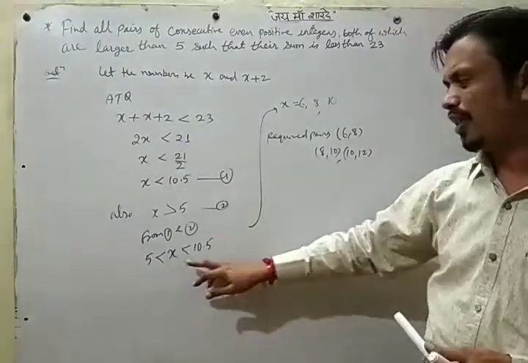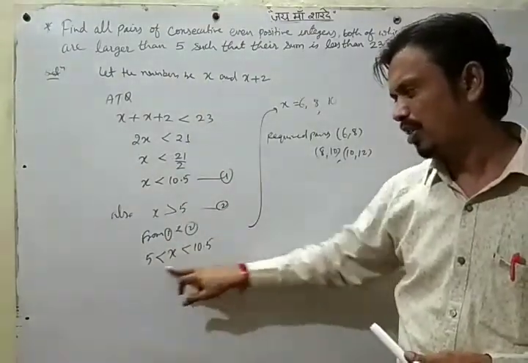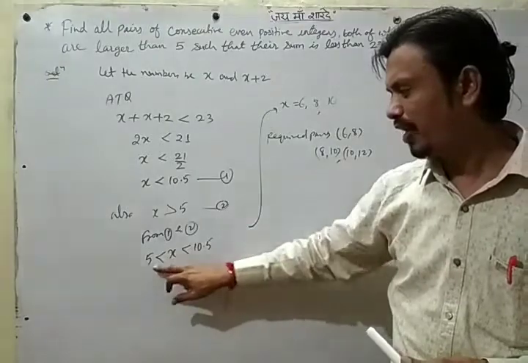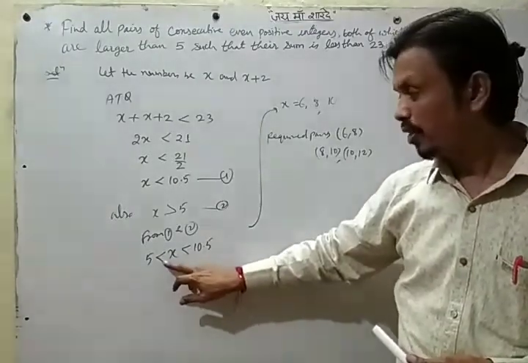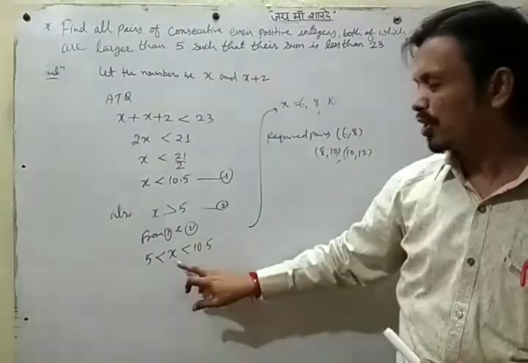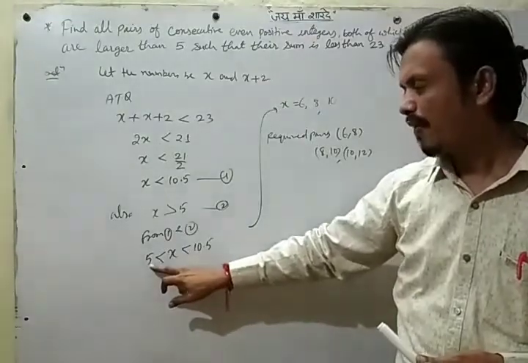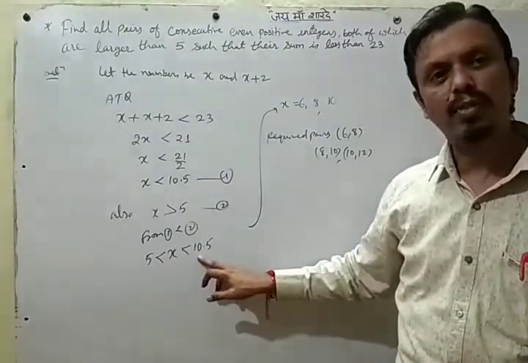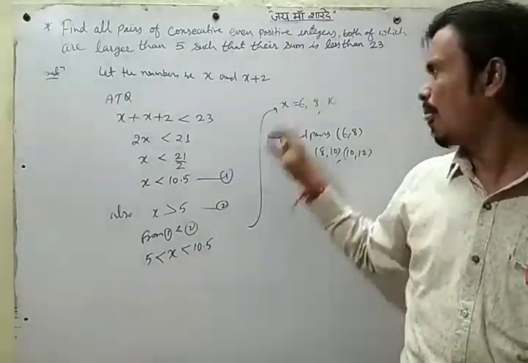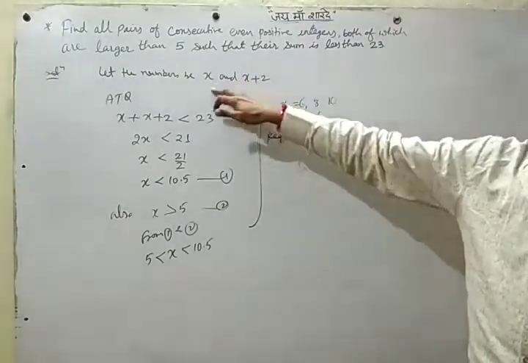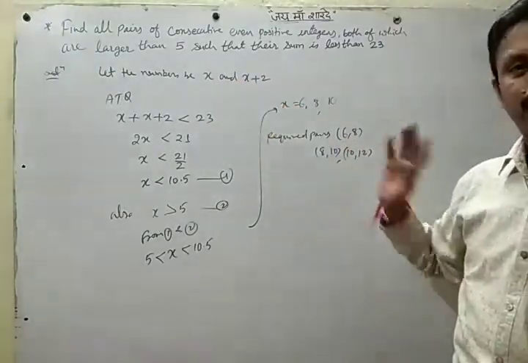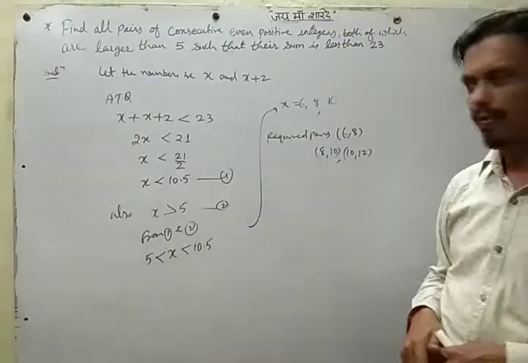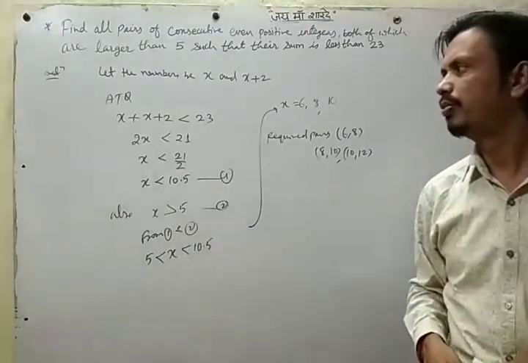After that we get one combined equation, and from that we can find values of x. We take only even numbers because x is even. So between 5 and 10.5, we see how many even numbers we can take, and from that we make pairs. These are our required pairs. Okay? Please note down.